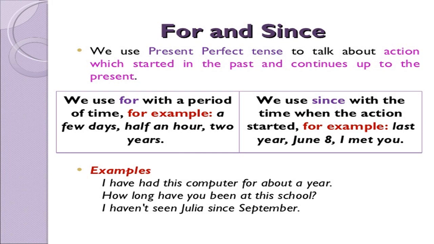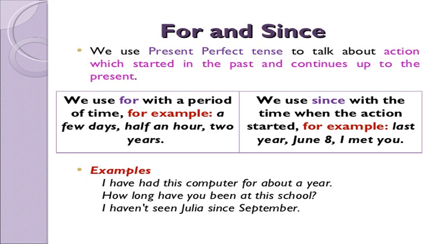So we use for and since in present perfect tense sometimes to denote the duration of time, as for is used with a period of time and since is used at a particular point of time, like for a few days, for half an hour, since last year, since last month, right? So sometimes we use for and since in present perfect tense, as this tense is used to talk about actions which started in the past and continue up to the present.